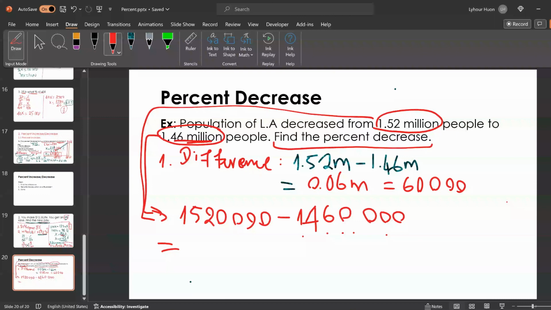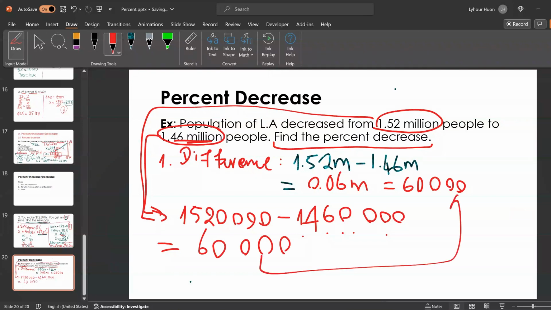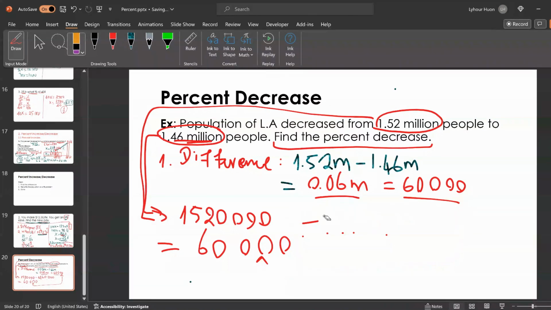Isn't it just 60,000? 60,000, right? So now we can confirm that this is equal to this, and what I told you is correct. If we write in expanded form, we can ensure that this is correct.